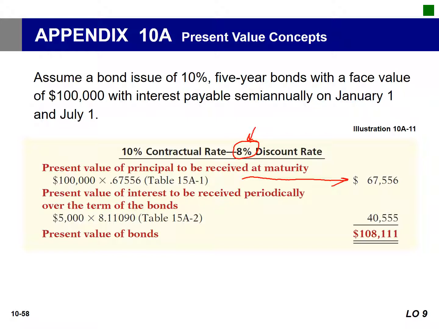We're going to be in the 8% column on that present value table, and we're going to be using that same 8% on that present value of annuity of one table to calculate the present value of those interest payments. And this is how we determined or came up with that premium of $8,111, issuing them at that premium.